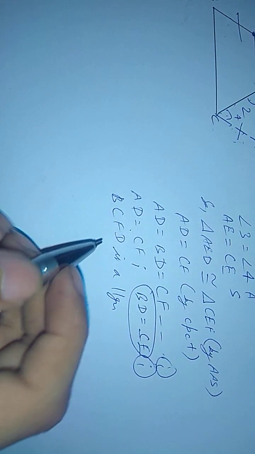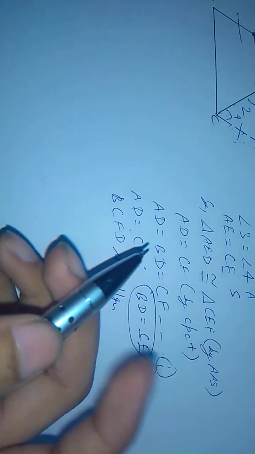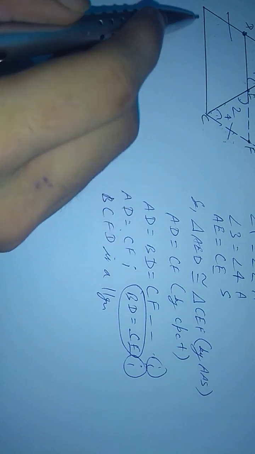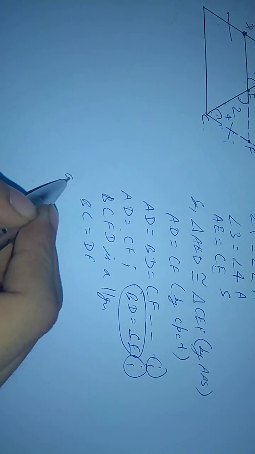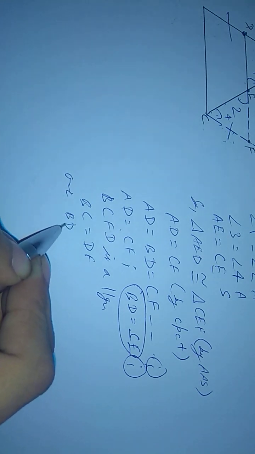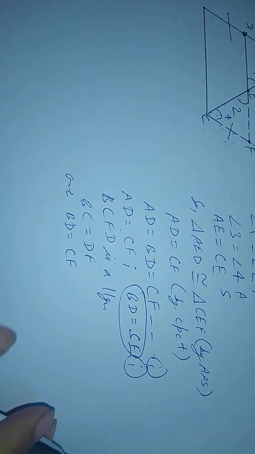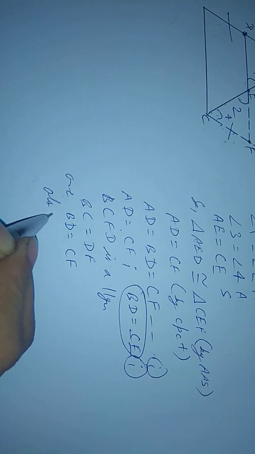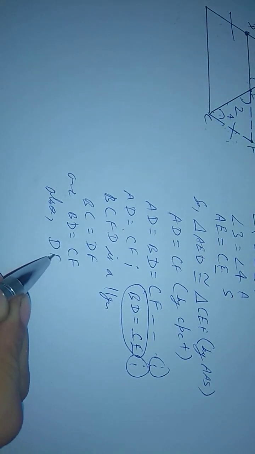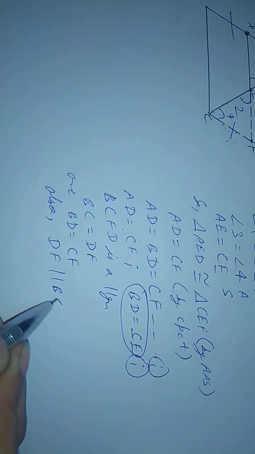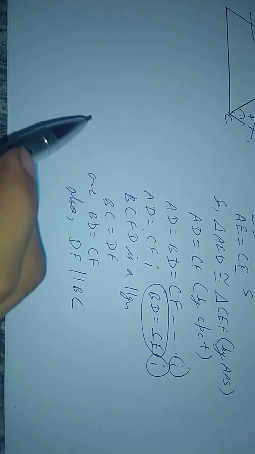So as we know, in a parallelogram, opposite sides are equal. So BC is equal to DF and BD is equal to CF. Also DF is parallel to BC. Okay.